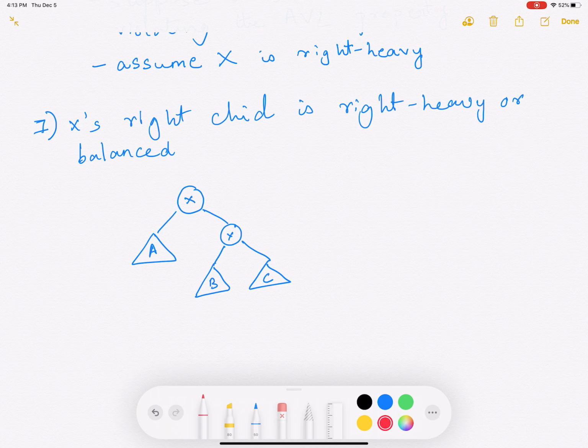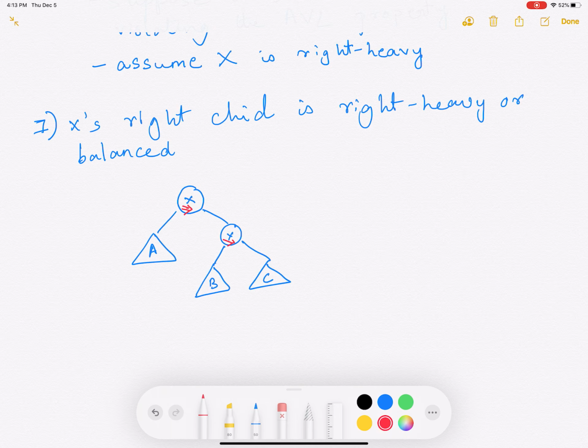X is right heavy, so it's the node where the AVL property is lost. It is kind of doubly right heavy. Now we assume that Y is right heavy or balanced. So let's just consider that Y is right heavy. That's what I'm denoting with these arrows.